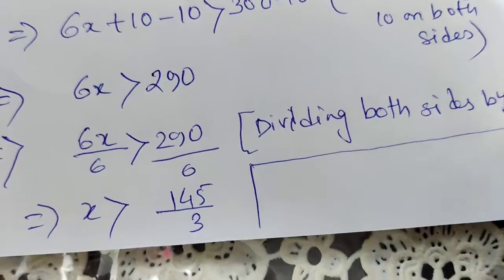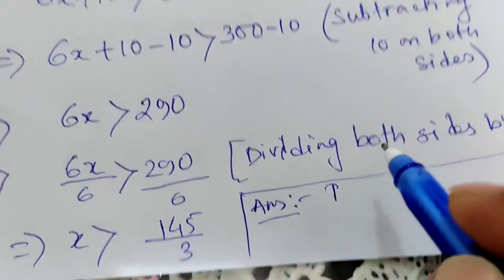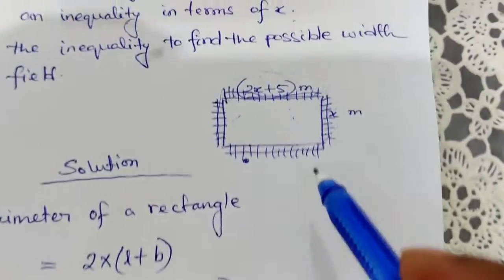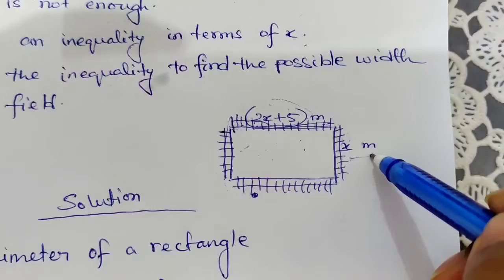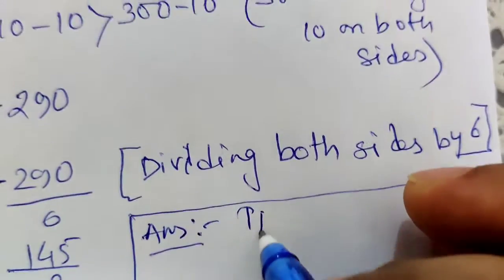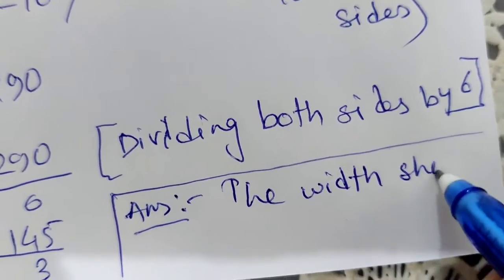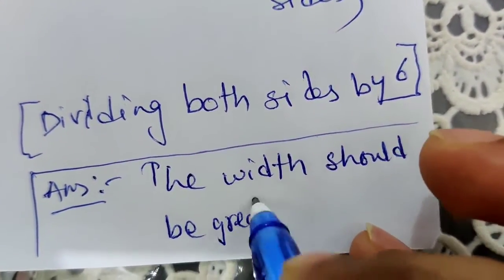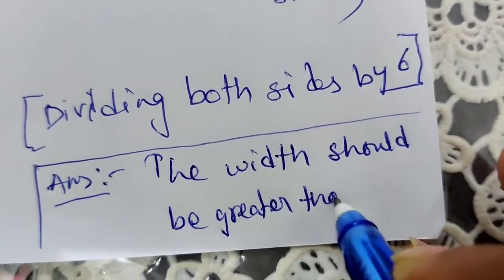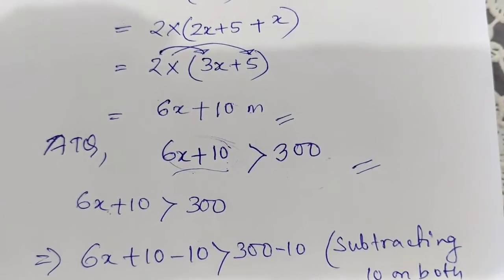In the answer we can write that the width, which is x meter in the figure, should be greater than 145 by 3 meter. This shall be your answer.